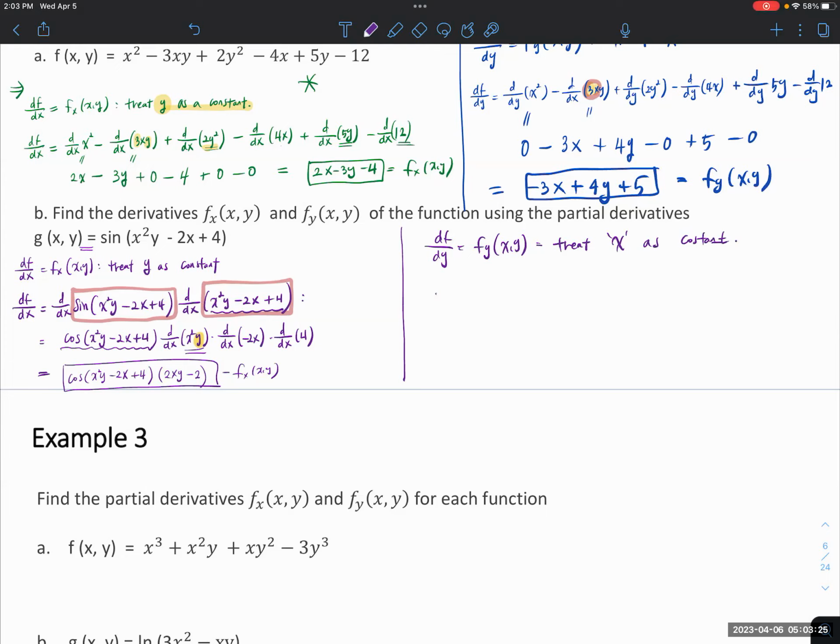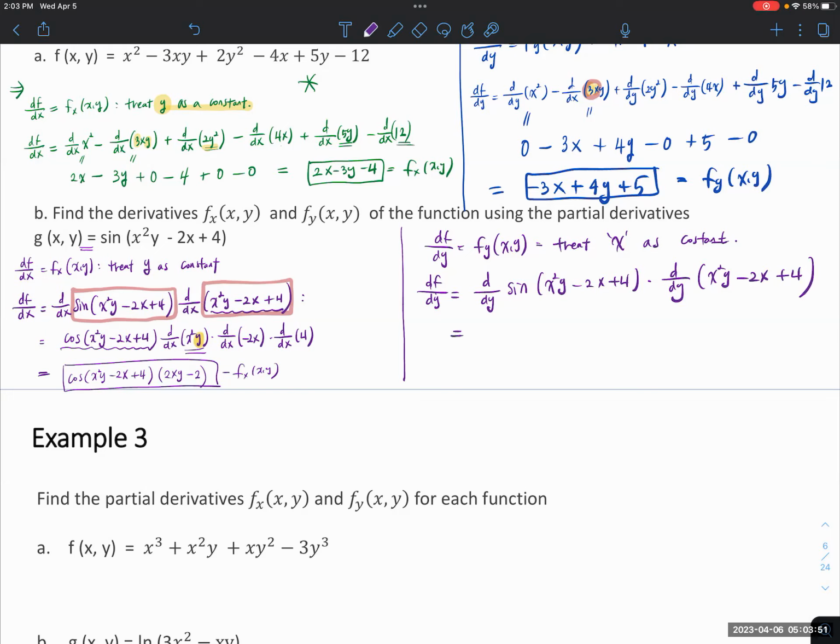Right? So let's do the work. df/dy, you're going to take the derivative with respect to y. Same thing: sine of (x sec y) because there's still a y, minus 2x plus 4, and the inside is x sec y plus 2x plus 4.